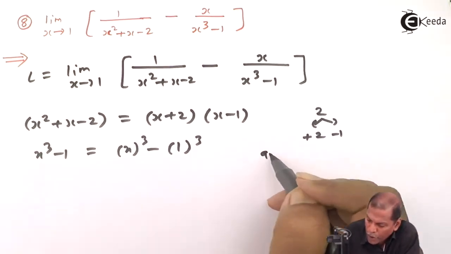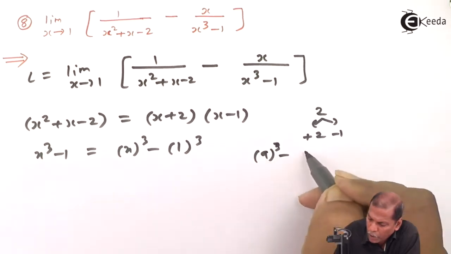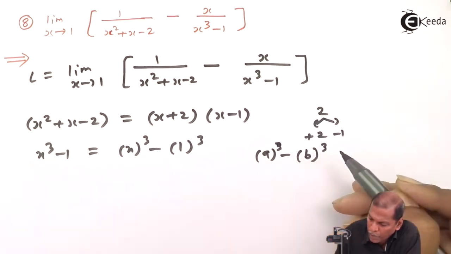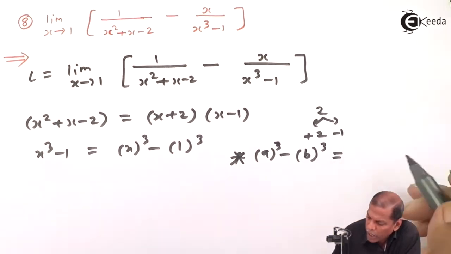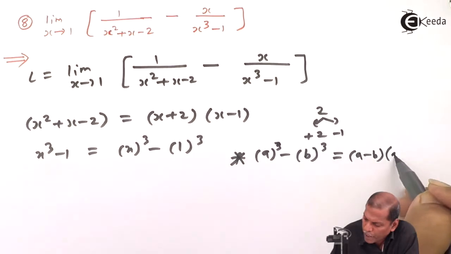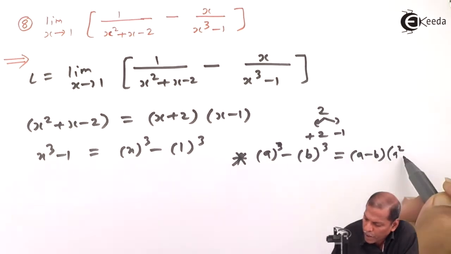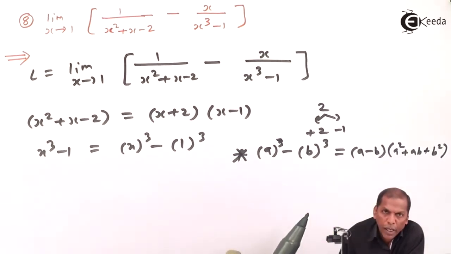For this purpose we apply the formula that a cube minus b cube is equal to a minus b in the first bracket and a square plus ab plus b square in the second bracket.